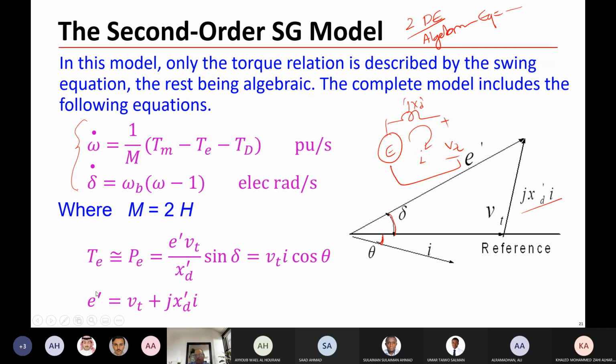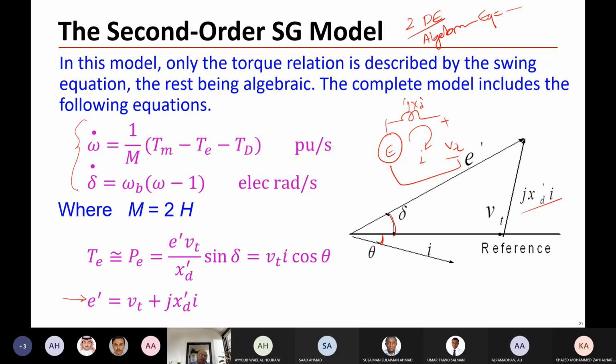If you still remember, in transient stability we usually assume that E prime is constant during the fault and post-fault. We take E prime constant, am I right?